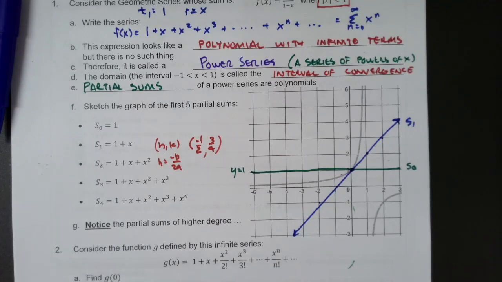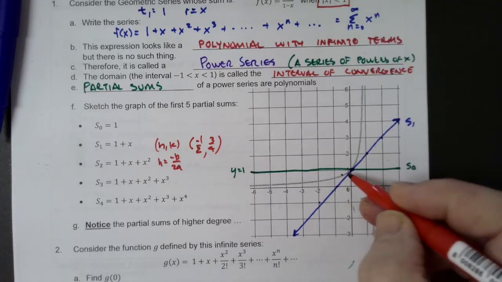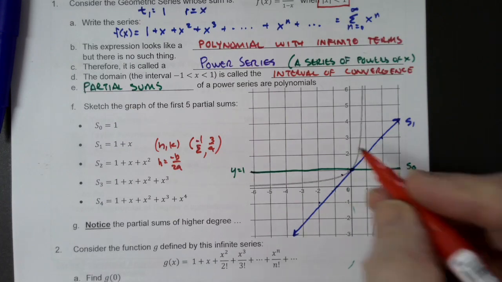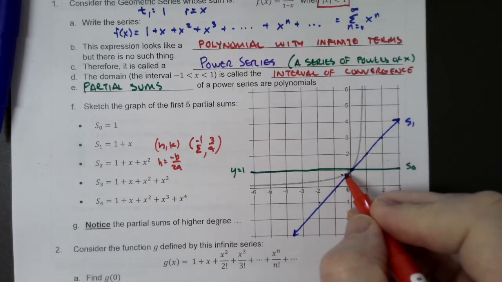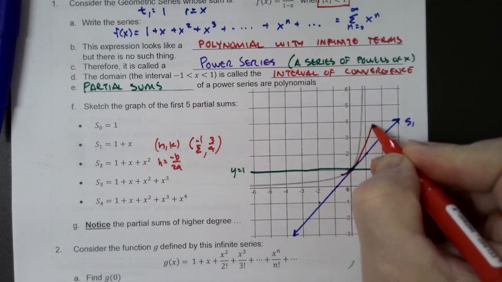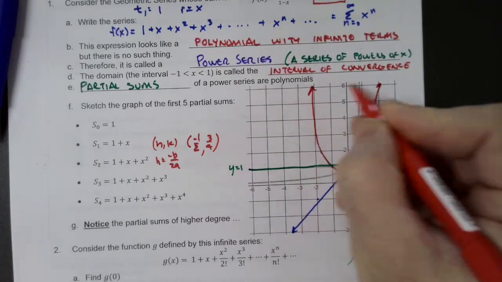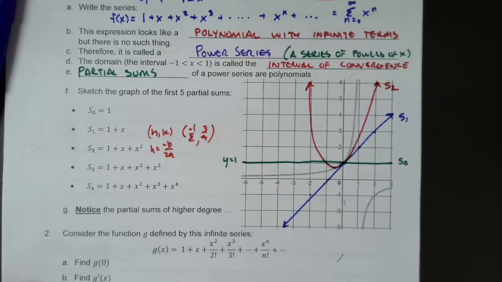So if we go to the left 1/2 and up 3/4, right about in here, and then graph this parabola, this parabola would kind of look a little bit like this. That is our second one.